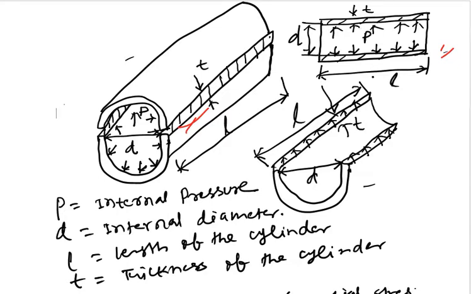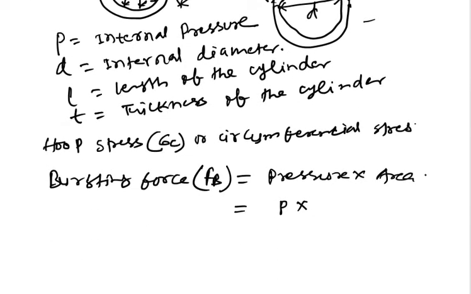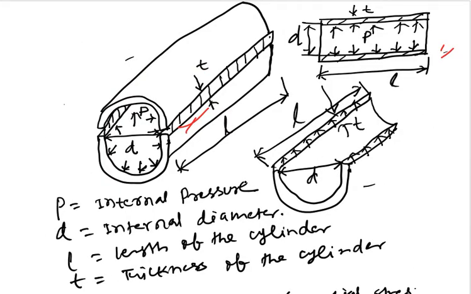Length is L, and the breadth is D. So the area will be D into L. This D is the width of the cylinder, meaning the diameter.